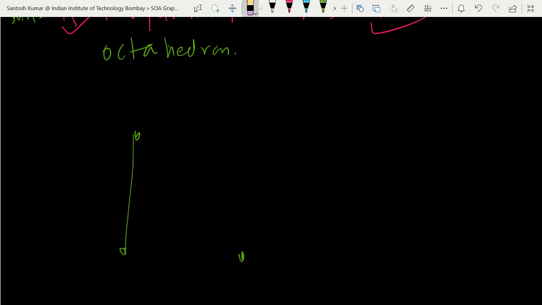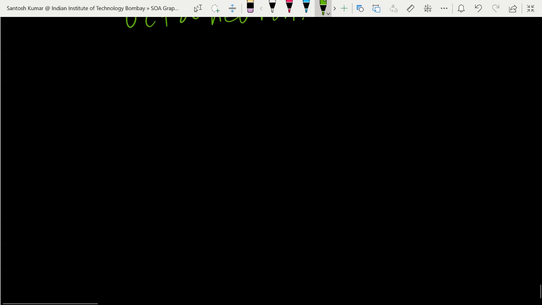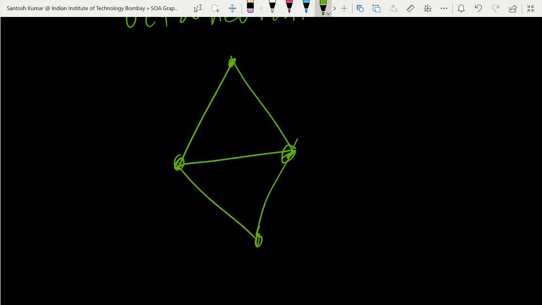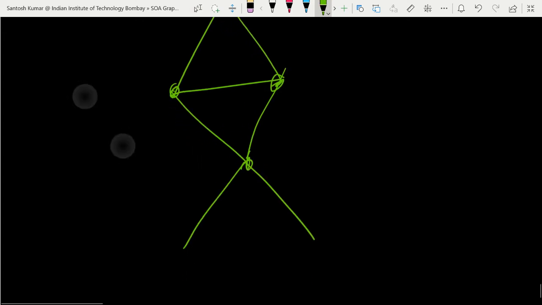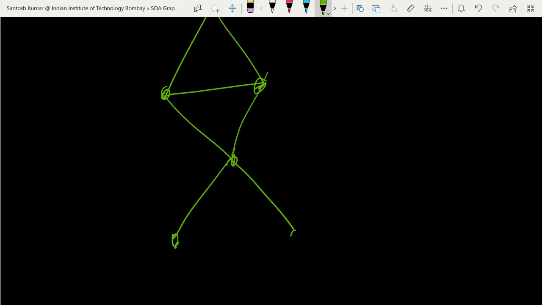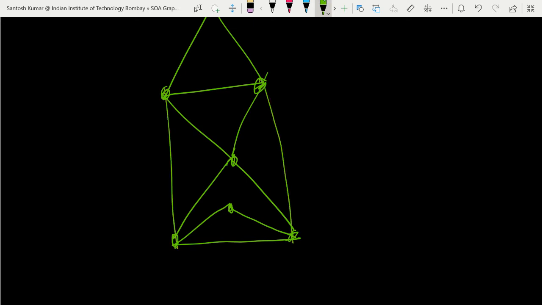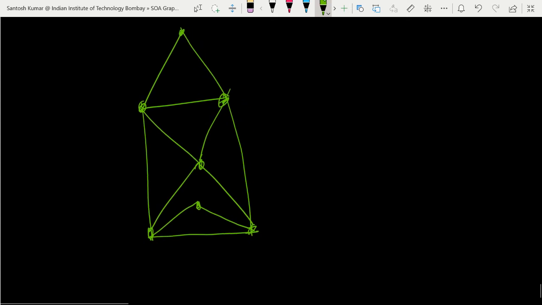Do you know how to draw the octahedron? One minute, so draw again. So 1, 2, 3, and this, and you will have this one, and you go with this, and you will join this.